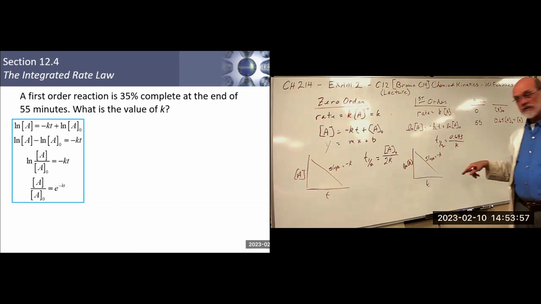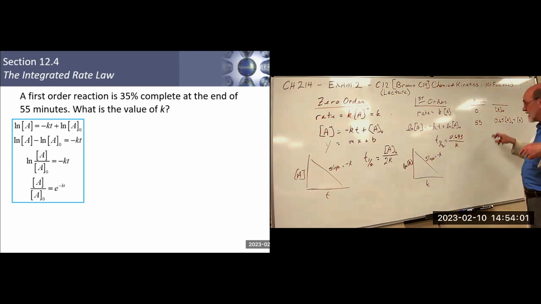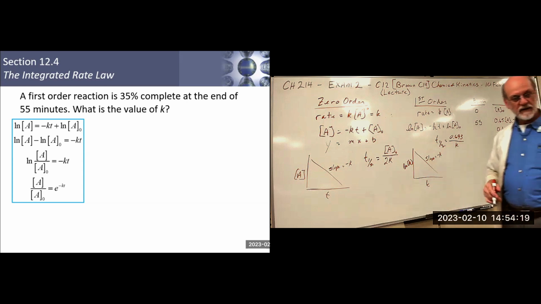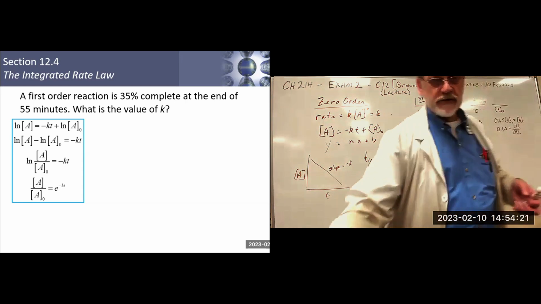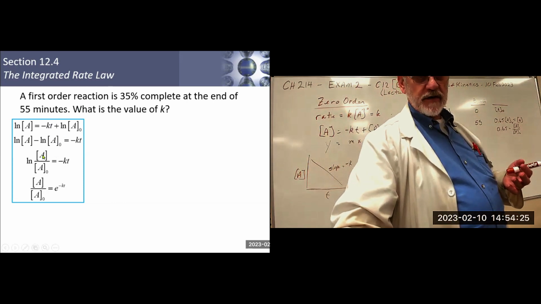And ratio this one to that one, because the ratio is 0.65. If we take this one now and put it on the other side, our current value divided by our initial value is 0.65. So that's what this first block does. It takes that equation and reduces it to this ratio of A to A0.